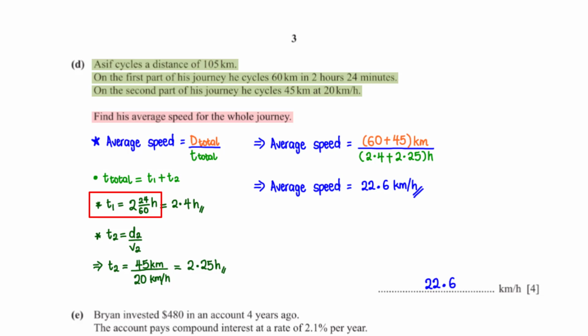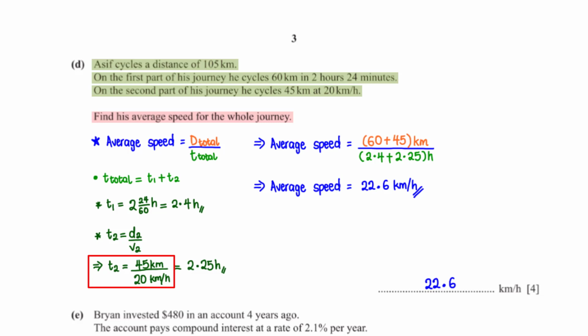T1 has been given as 2 hours 24 minutes. To convert 24 minutes to hours, we divide by 60. 2 and 24 over 60 hours is the same as 2.4 hours. We can find T2 by dividing the distance for the second part of the journey, which is 45 kilometers, by the speed, which is 20 kilometers per hour.